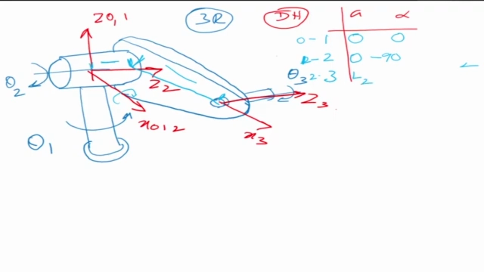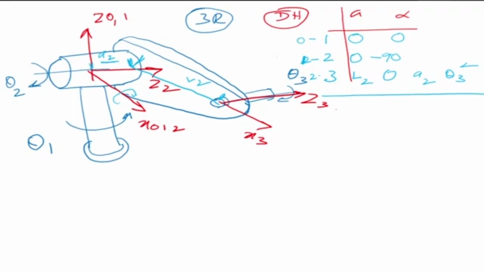Let us say it is L2. Okay, L2 is the distance between Z2 and Z3. What is alpha? Z2 and Z3 are parallel, so this is 0. What is D? D is the distance between the X axes. So let's call this A2, and the variable is theta 3. Okay, so this is my DH parameter table for this manipulator.